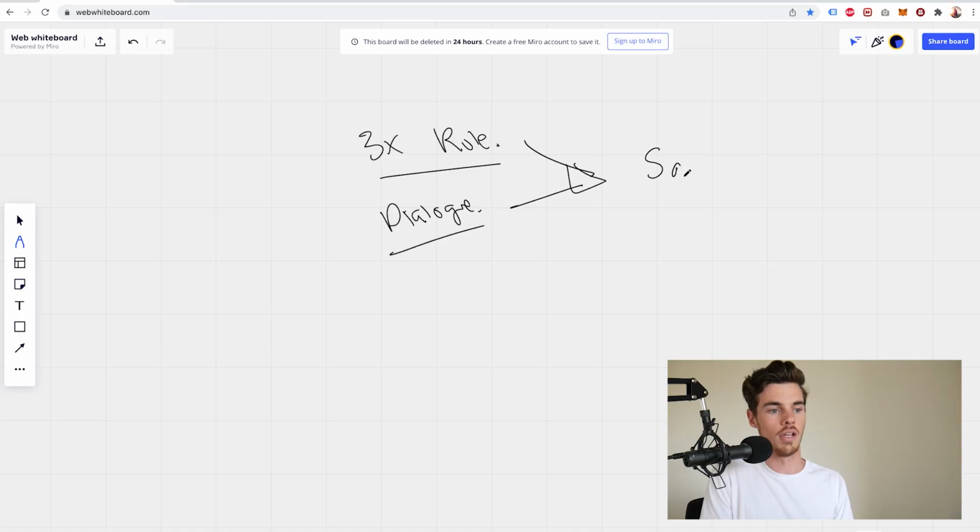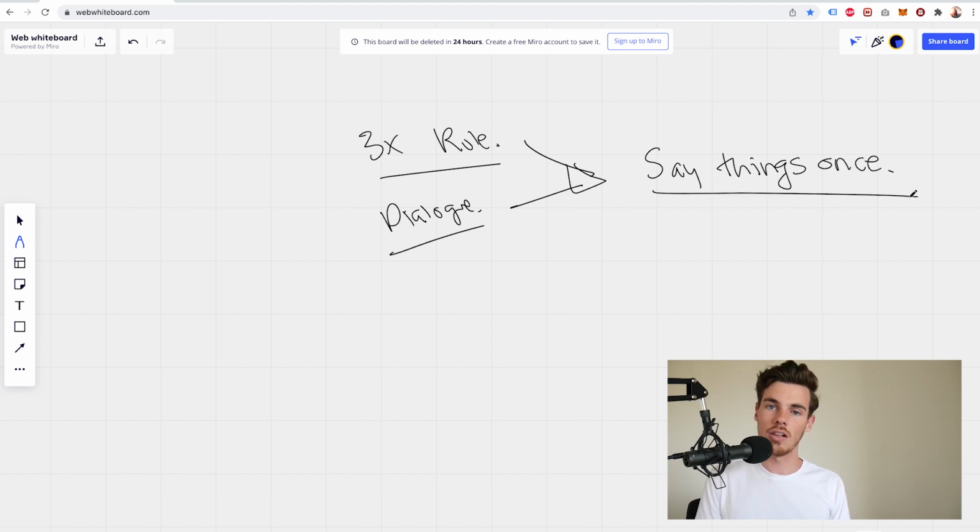So ultimately, this comes down to say things once in your story, right? Whether this is in your dialogue or in your action lines, don't repeat things to the audience. Tell us what's going on. Tell us what the character says, in the sense of what is their emotion and the energy they are giving to another character, not the same thing 3 times. Say things once in your action lines as well.